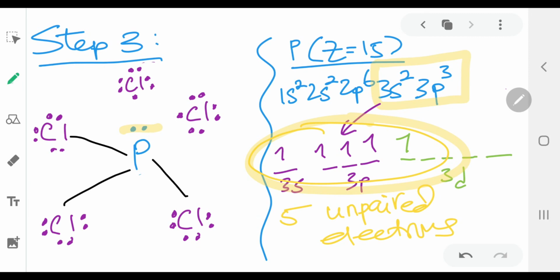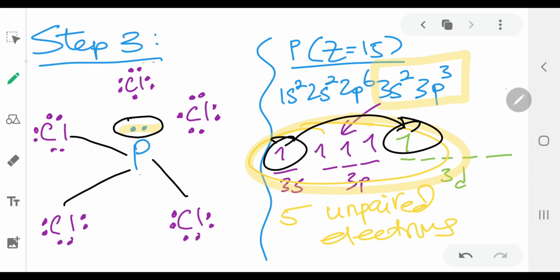Okay, so remember, one of them has been excited to here, and now you have additional 2 unpaired electrons. So that unpaired with this unpaired will form a bonding pair. This unpaired and that unpaired will form another bonding pair. Okay, so you have 5 sigma bonds.